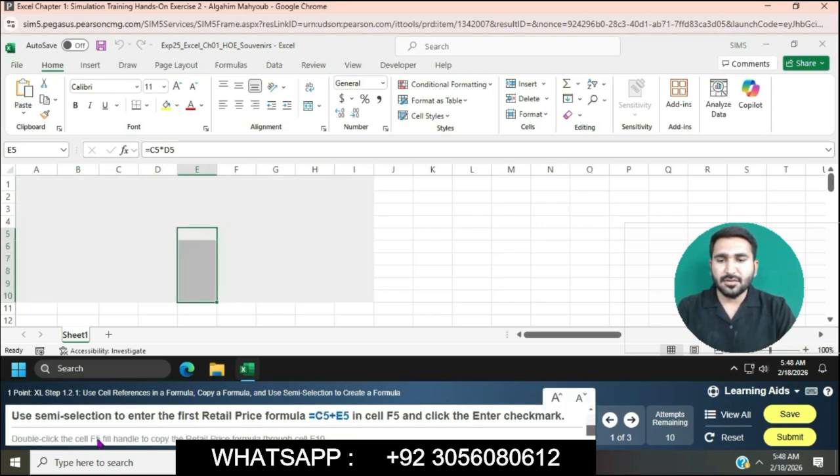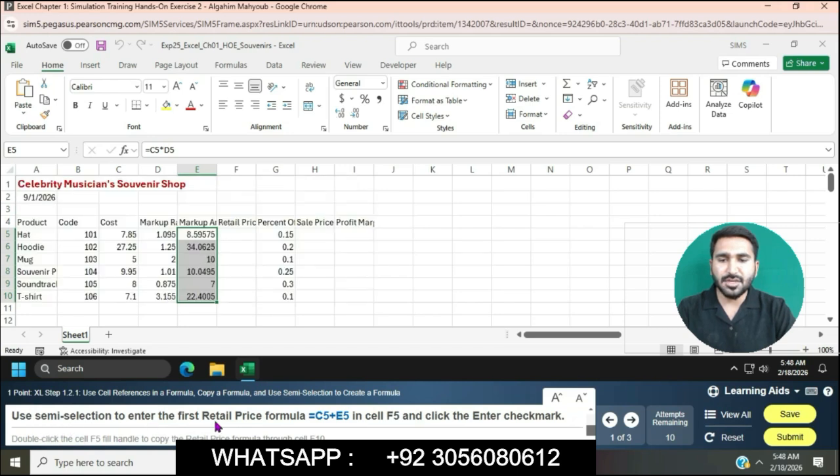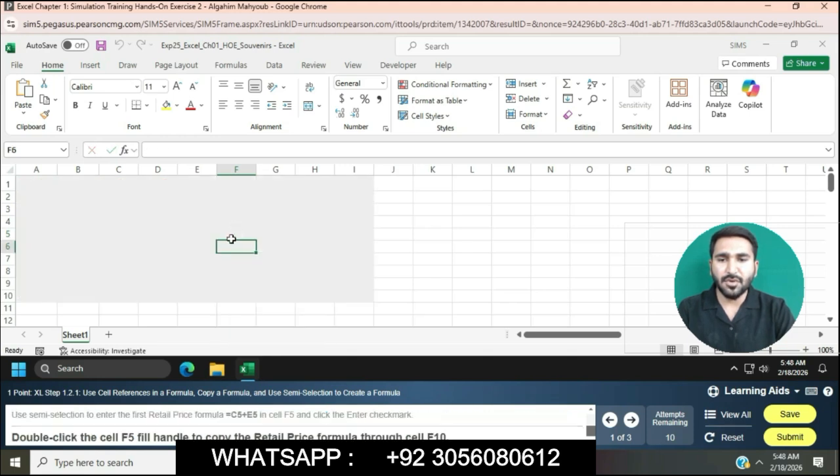Through cell E10. Use semi-selection to enter the first retail price formula, which is equal to C5 plus E5, in cell F5 and click the Enter check mark. Simply we will click on cell F5 and press equals. The formula is given in the question: C5 cost plus markup amount E5.